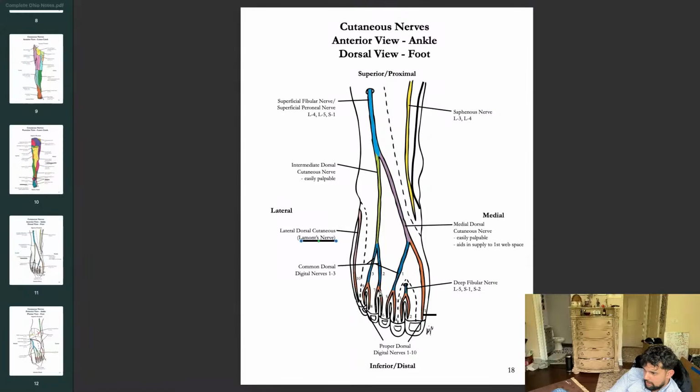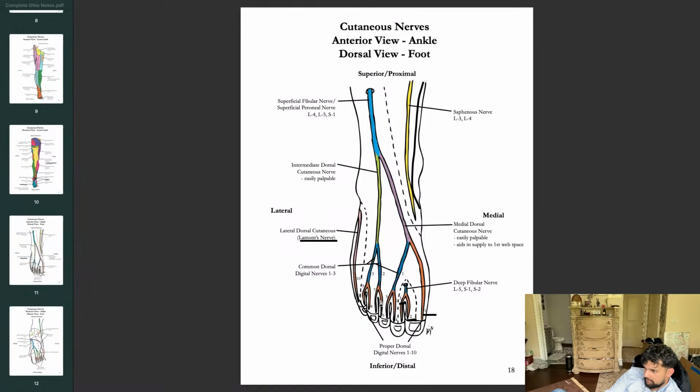So it has 4 proper dorsal digital nerves, whereas medial dorsal cutaneous is going to have 3 proper dorsal digital nerves. Deep fibular nerve has 2 proper dorsal digital nerves. So deep fibular gives rise to proper dorsal digital nerves 2 and 3, respectively. Medial dorsal cutaneous nerve is going to give rise to proper dorsal digital nerves 1, 4, and 5.